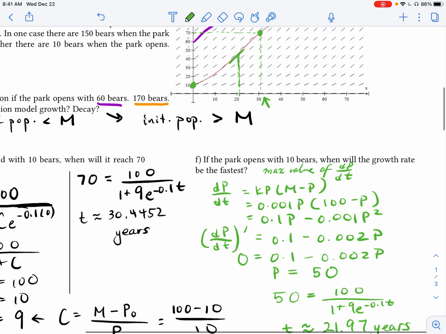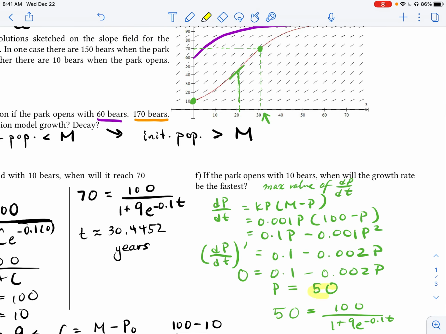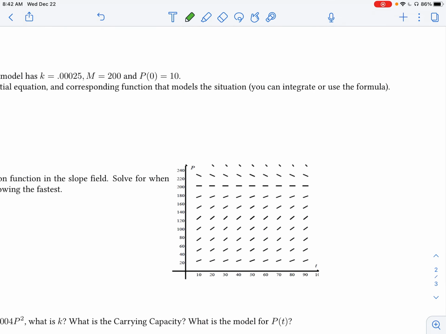One last thing that I'll note is you'll notice here that our growth rate was the fastest when p is equal to 50, and that is a fact that is always going to ring true. It is always going to be half the carrying capacity, when your initial population is less than your carrying capacity.